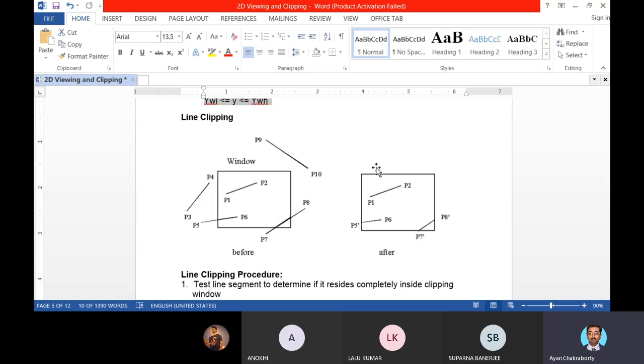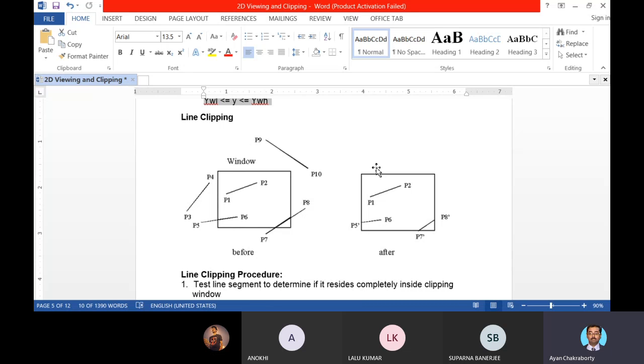As you can see in the after image, P5, P6 is converted to P5 dash, P6 dash, because some portion of this line has been clipped or truncated. Just like that, P7, P8 has been transformed into P7 dash, P8 dash, because some portion of this straight line is again clipped or truncated.